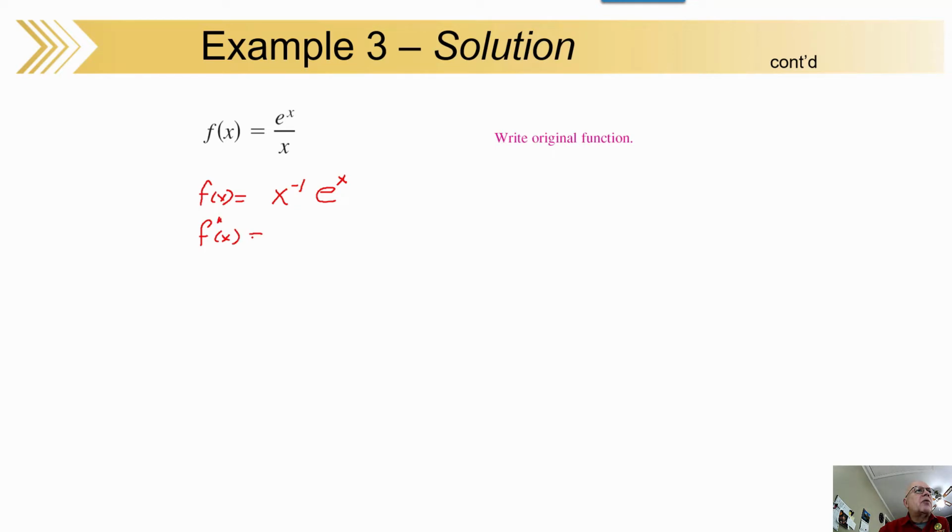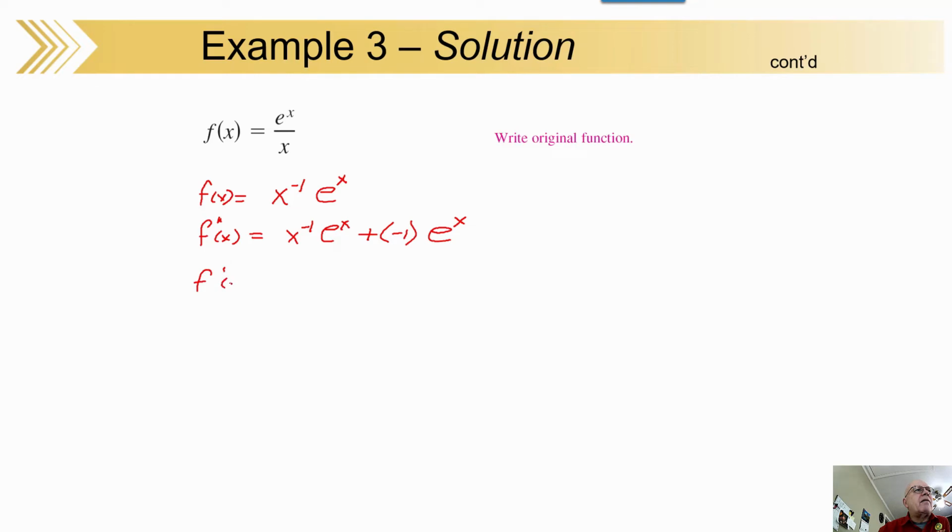Use the product rule. X to the minus 1. And the derivative of the second one is just e to the x. Plus, and we reverse the roles, the derivative of the first one is a minus 1. And the derivative of the second one, of course, is e to the x.